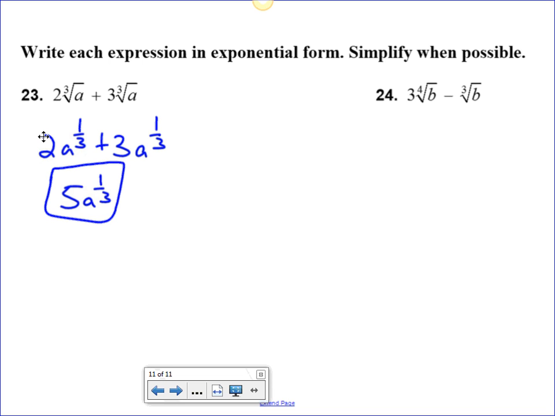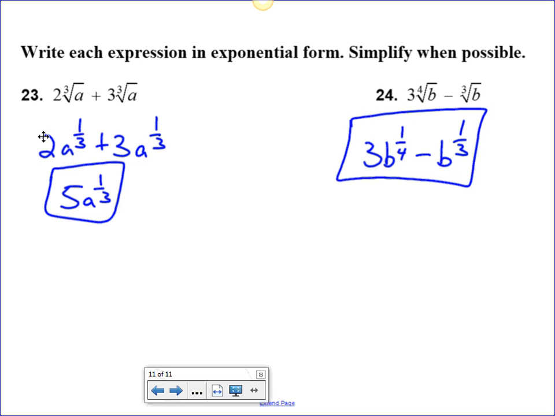Okay, this next one, I've got a 3, and then I got a b to the 1/4 power minus a b to the 1/3 power. Well, can I do anything with these? And the answer would be no. So this would be your final answer in exponential form.